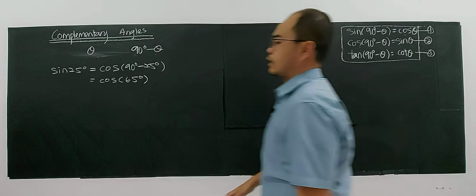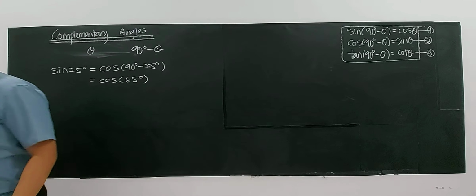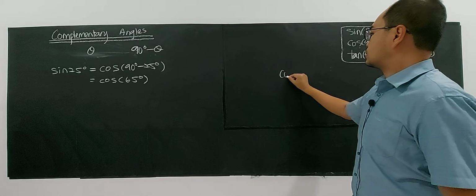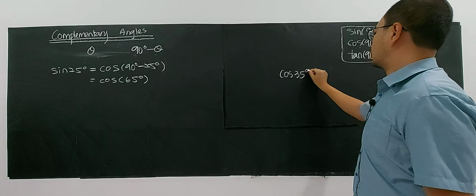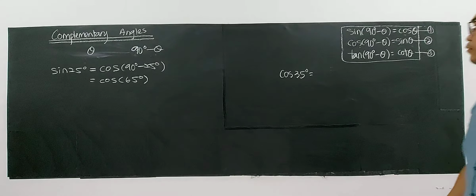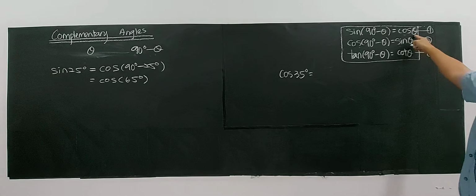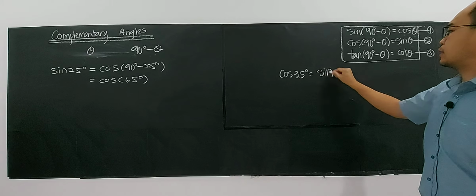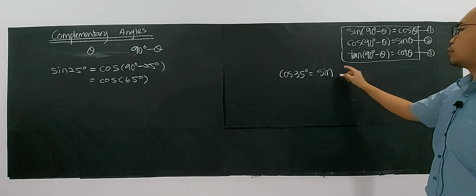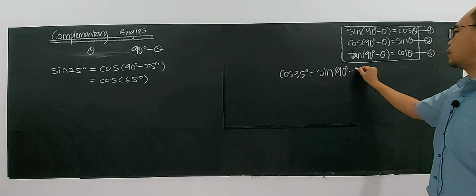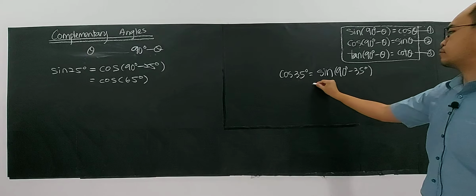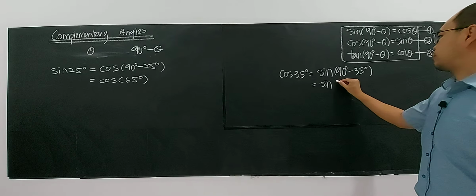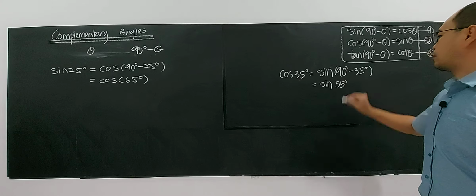Or if I have cos 35, for example, the complementary angle will be 90 minus 35, which is sine 55 degrees.